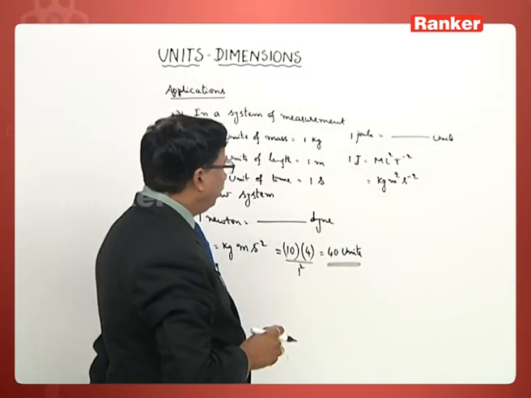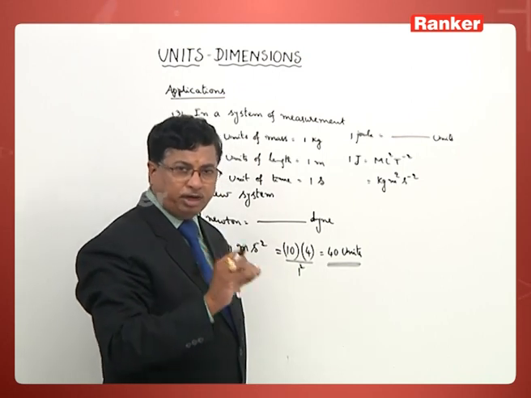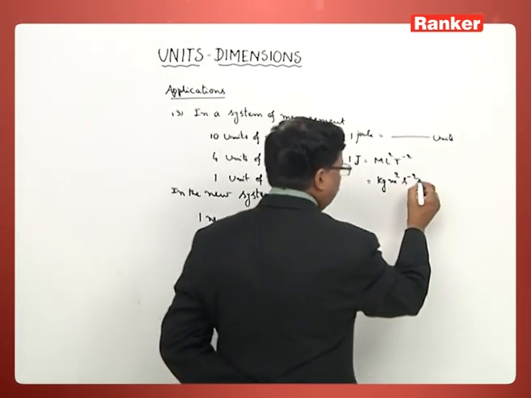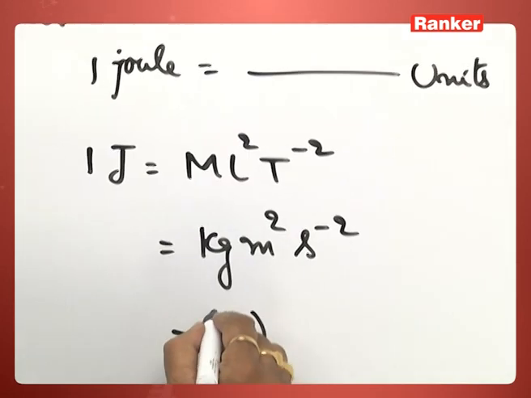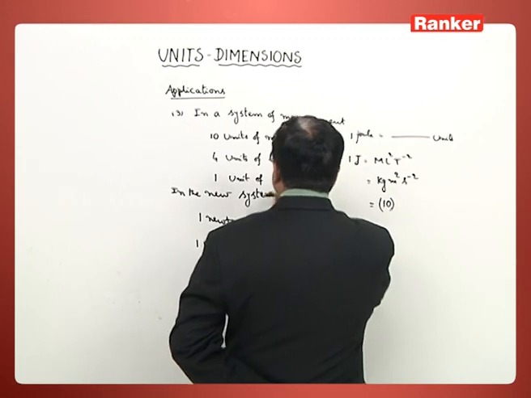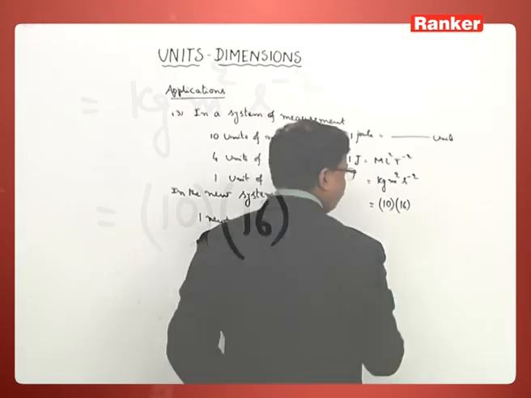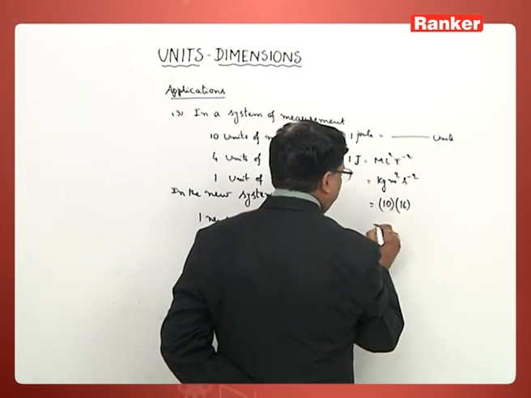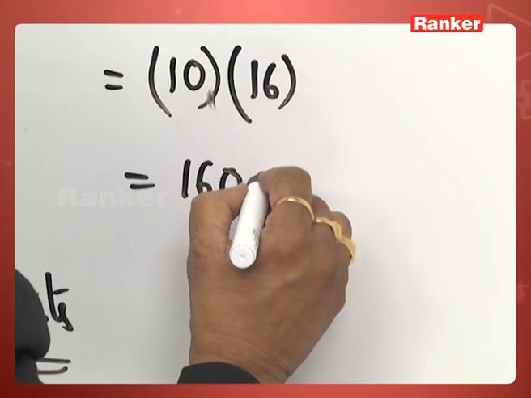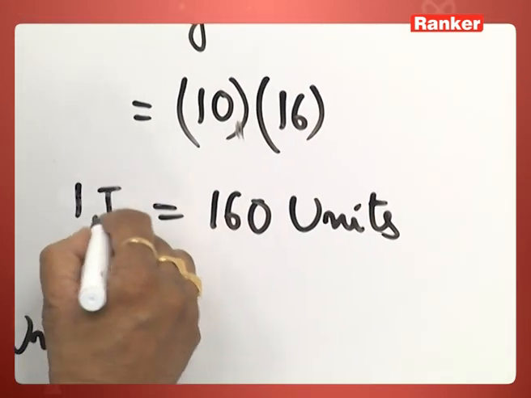So 1 joule we can write like this as kg meter square per second square. Now write down the values given to us. 1 kg is 10 units again. 1 meter is 4 units, 4 square here is 16 units. Time is the same in both. So what will this value be now? 160 units. That will now be the value of 1 joule.